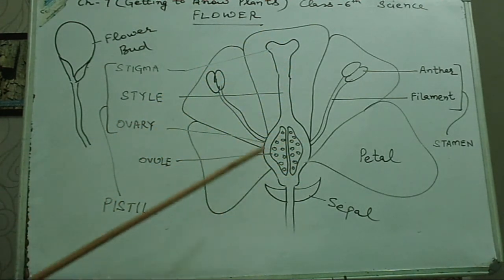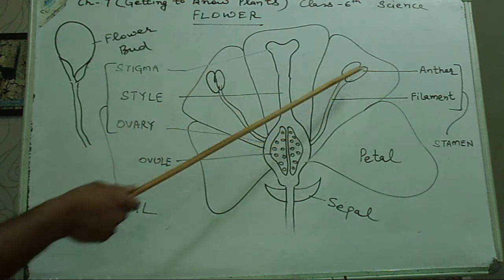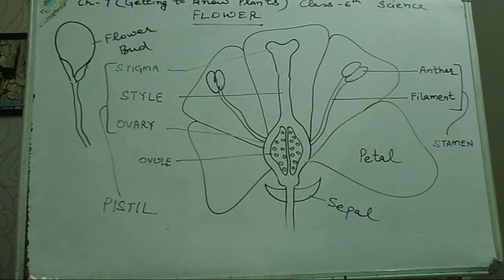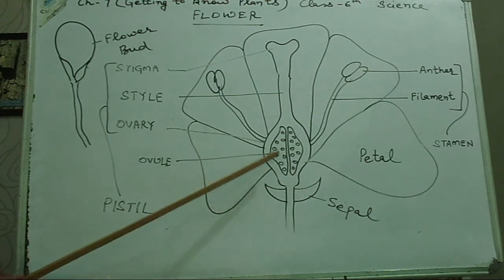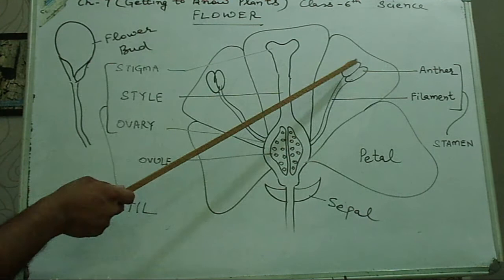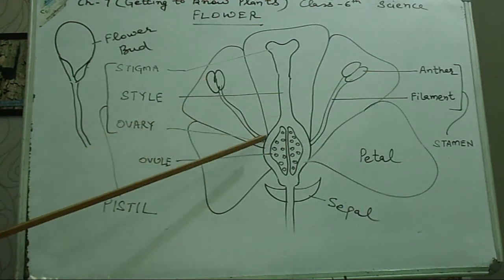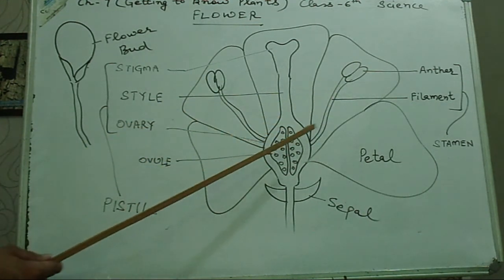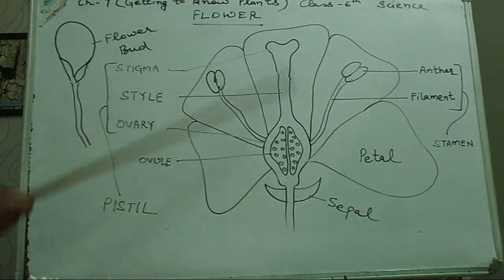So this is the female reproductive part present in the flower. Now the male reproductive part is also present in the flower, and it is called the stamen. One is this and one is this, and these stamens keep surrounding the pistil.